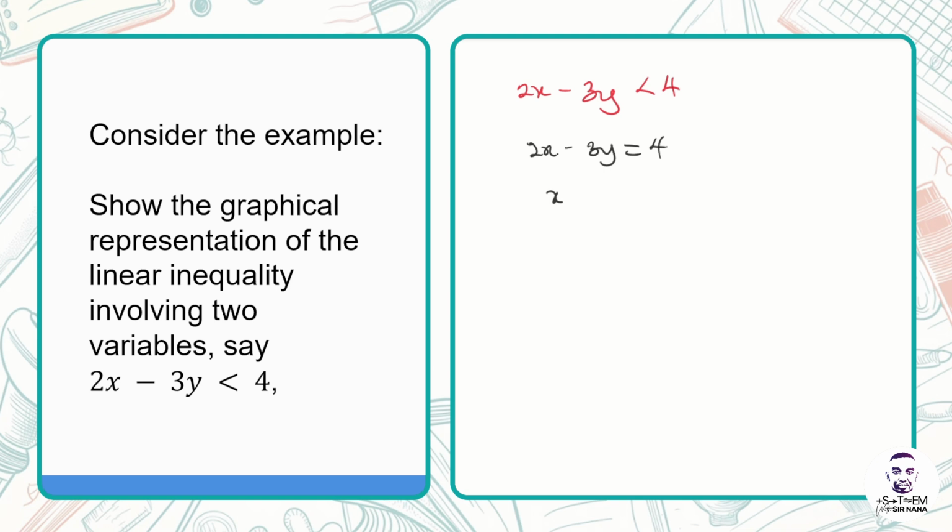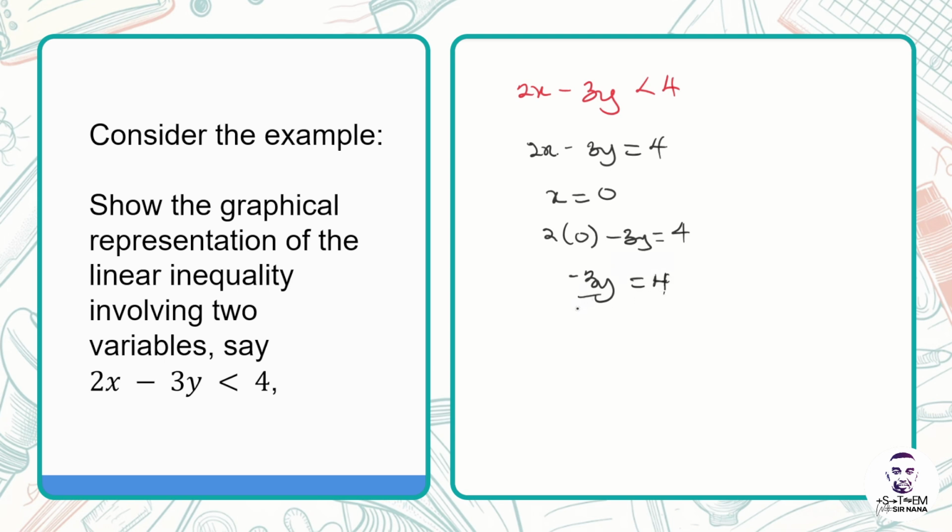Now let's take x to be equal to 0, and then we can find the y value when x is equal to 0. Therefore, we have 2 multiplied by 0 minus 3y is equal to 4. That implies that we have negative 3y is equal to 4.